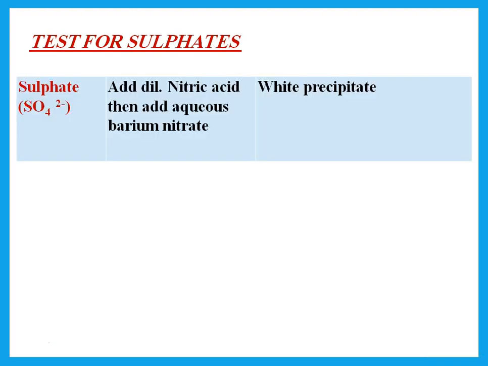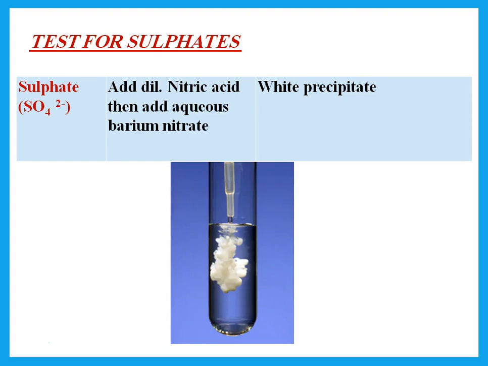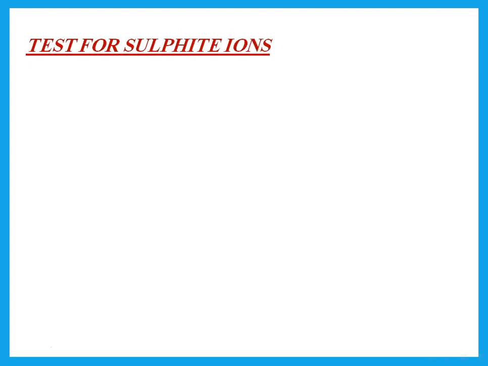Add dilute nitric acid and then barium nitrate or barium chloride with hydrochloric acid. If I have sulfate, I should get white precipitate. What if I don't have sulfate? If he says I have something chloride, for example, and he added barium nitrate, then no effect. The barium nitrate will give white precipitate only if I have sulfate.